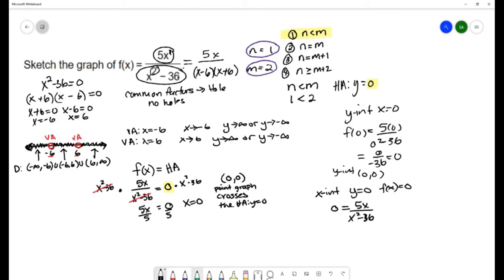That happens to be the same equation that we just solved. So we already know the solution to that equation is going to be 0, 0. So we have 0, 0 being an x-intercept. It's also the point where the graph crosses the horizontal asymptote, and it's also the y-intercept. So we've seen that 0, 0 show up in those places.